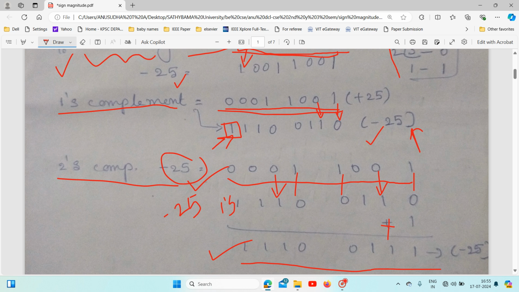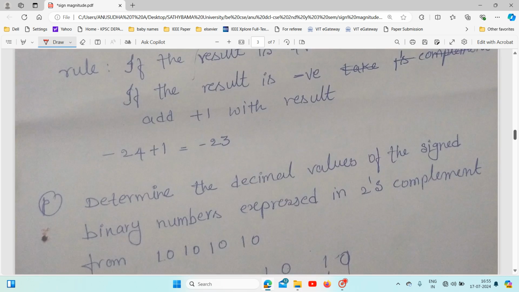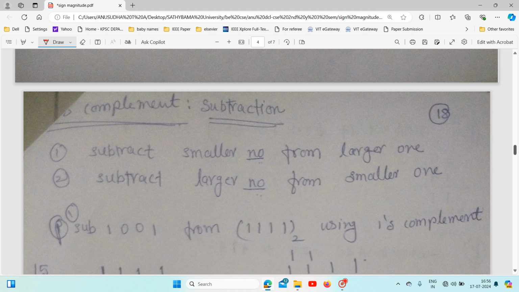Now we will discuss one problem based on this. We use the signed binary number especially in subtraction, where the first number or the second number may be negative.